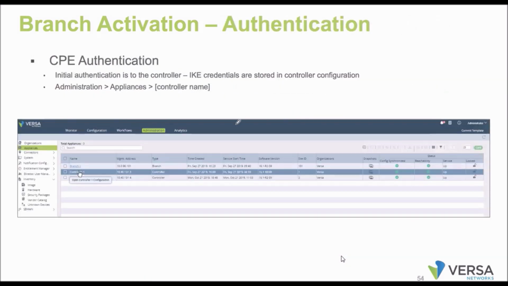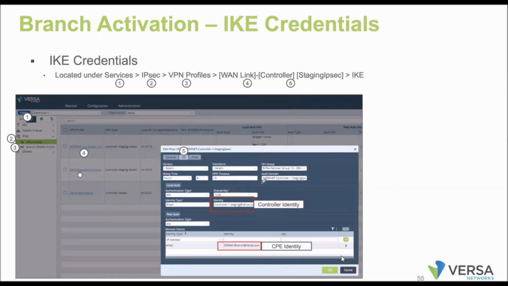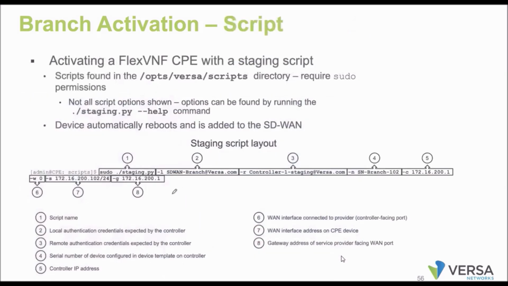When it comes to the activation script, we'll go and verify the manual parameters: what is the local IP identity, and the remote IP identity. Then we'll execute this script by taking CLI access and going to this directory.